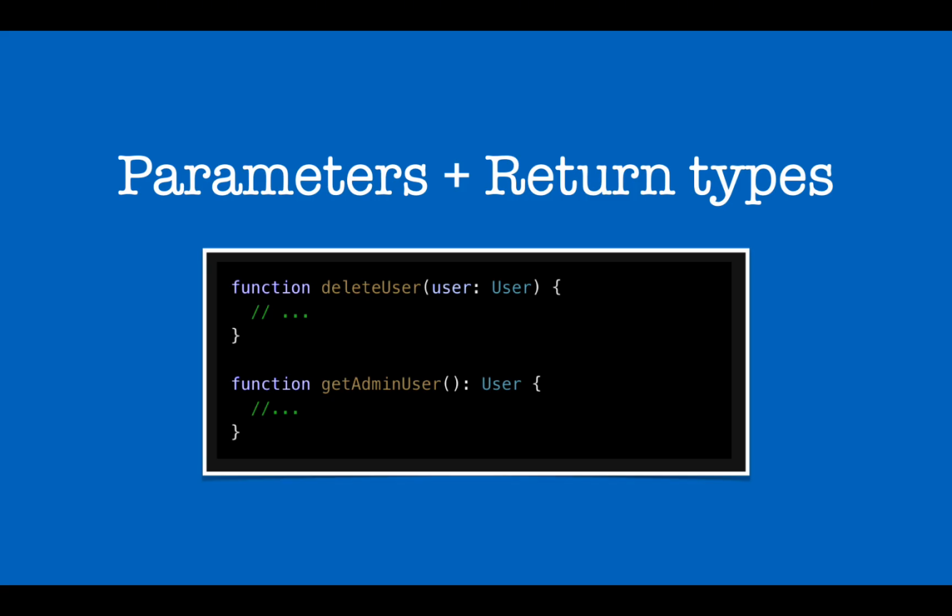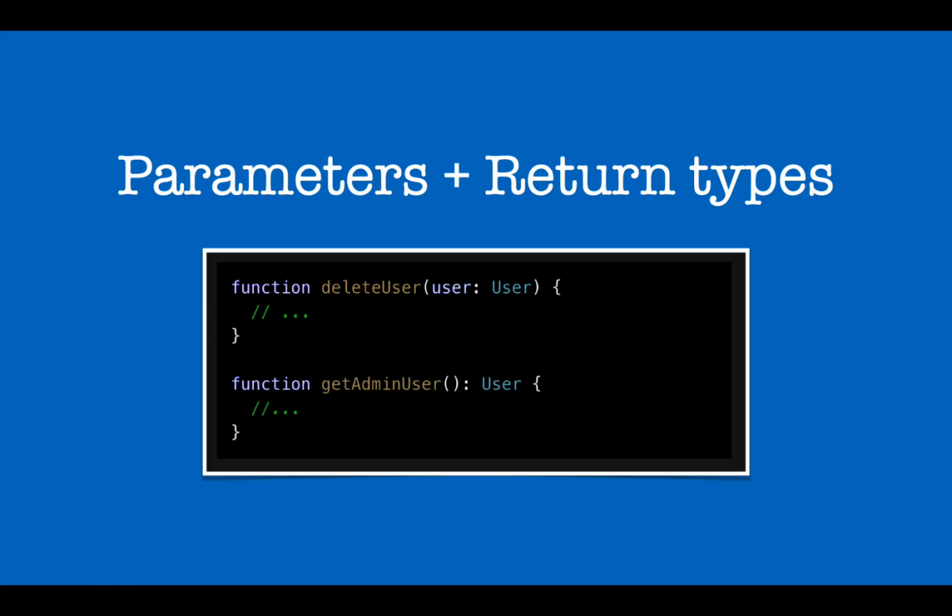Hopefully that makes sense. Those are two use cases of our interface: we can use it to notify what the parameter type is expected to be, or what the return type is expected to be.